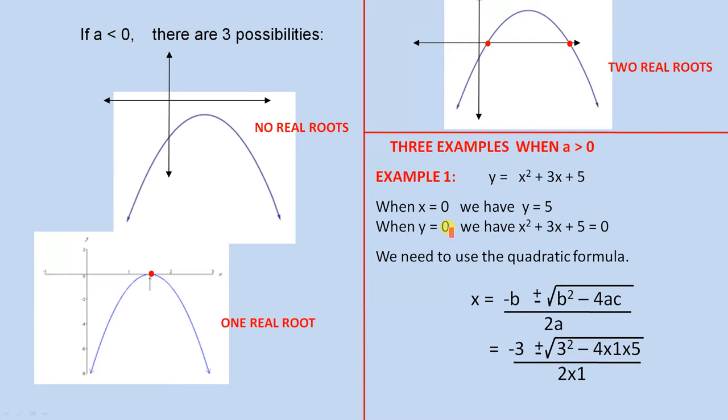When y equals 0, we have x squared plus 3x plus 5 equals 0. We need to use the quadratic formula. So we can see that a equals 1, b equals 3, and c equals 5. There's the quadratic formula. We substitute those numbers into the quadratic formula. Let's see what happens on the next slide.